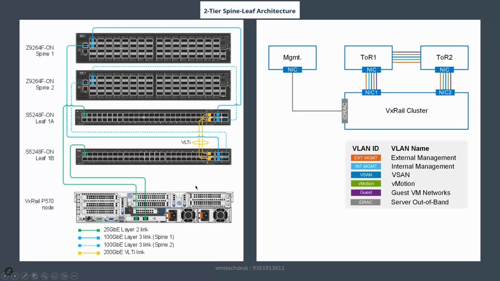Now, this slide, we are going to discuss based on a real-time example. This is how two-tier spine leaf architecture is actually implemented in customer environments. Here in this diagram on the top, you can see two spine switches. These spine switches are responsible only for high-speed layer 3 forwarding.